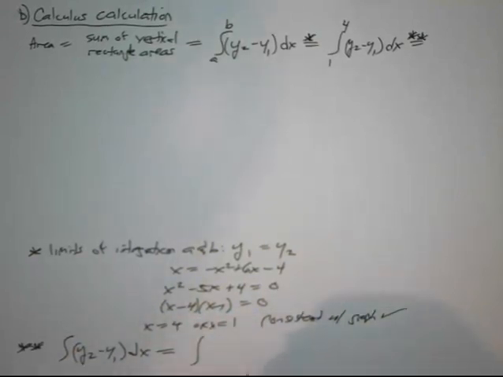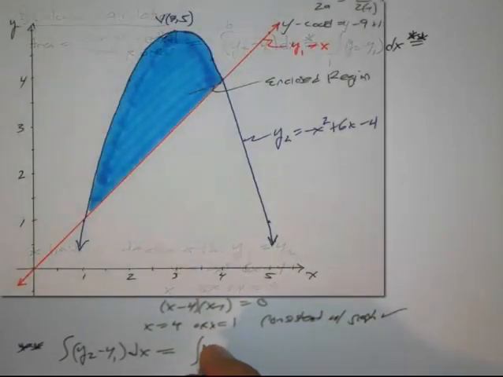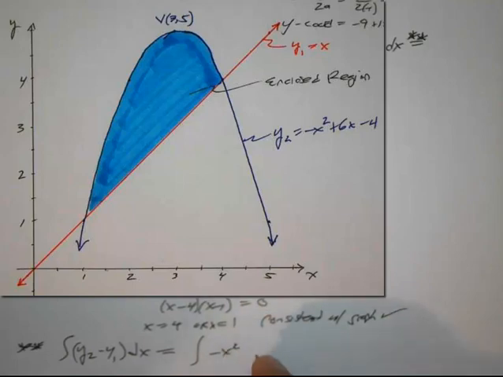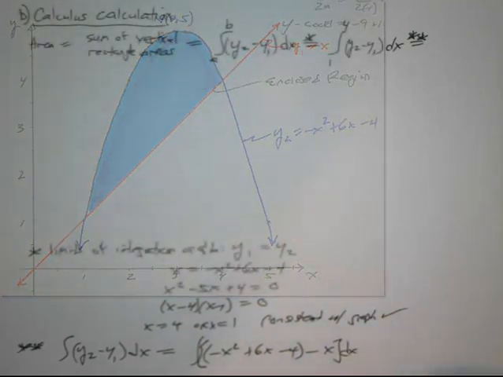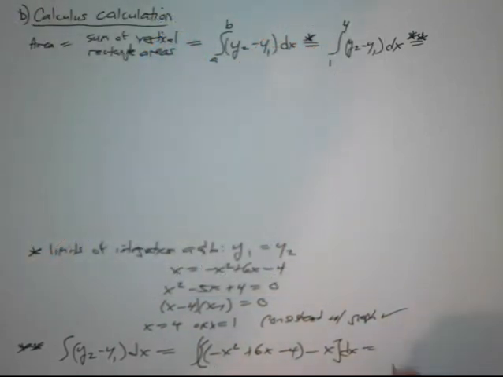And that means, since x is our variable of integration, y sub 2, well, that's the negative x squared plus 6x minus 4, minus the y1, okay, that was x, so it gets just a little simpler. Negative x squared plus 5x minus 4.